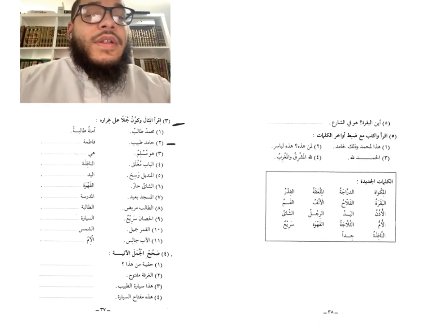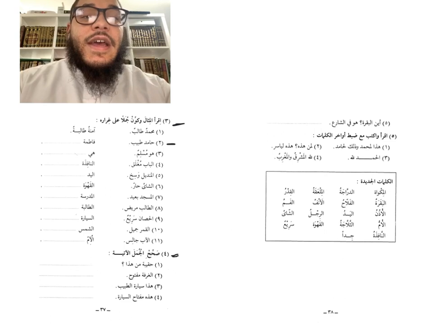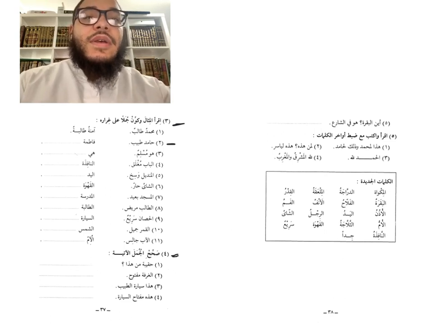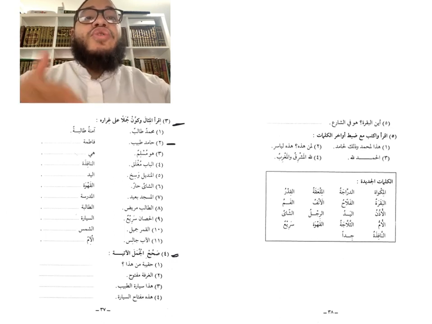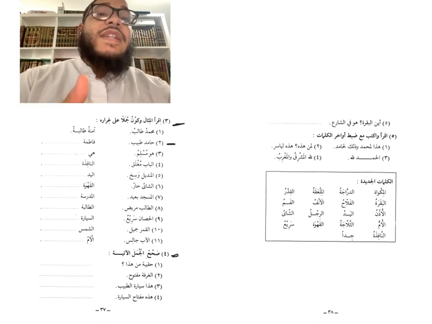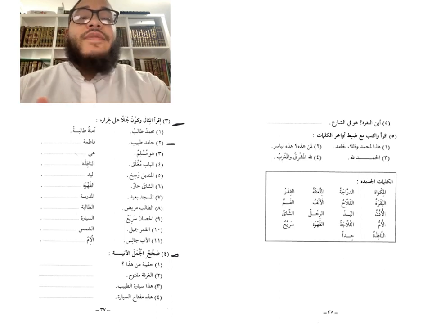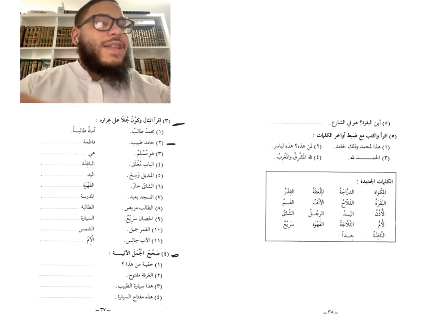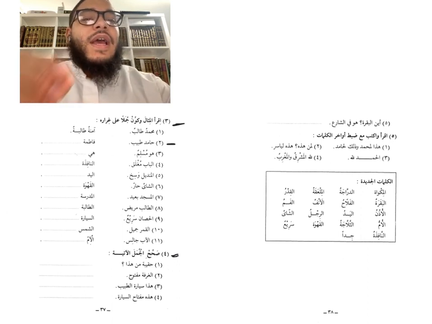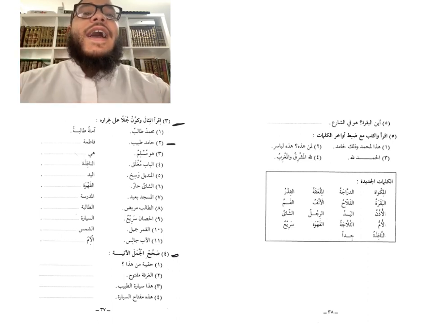Now we have number 4. صحح الجمل الآتية. Correct the following sentences. There's mistakes intentionally, so you need to correct them based on what you now know of the different genders and what needs to occur when we have those gender differences. So we have حقيبة من هذا. Something's not right there. What should it be? حقيبة من هذه.